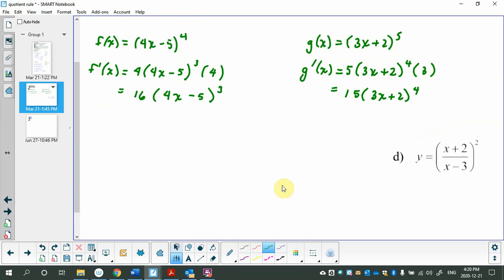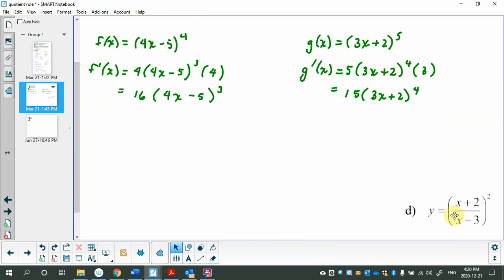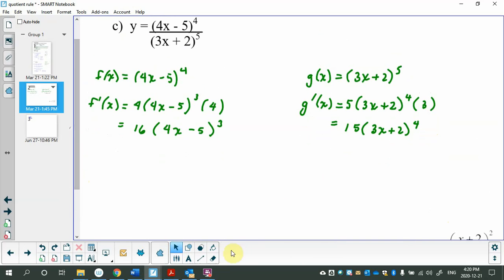All right. So time for the first line. Derivative of y, instead of y prime, I'll just fancy it up and say dy by dx. Derivative of the numerator times the plain old denominator.